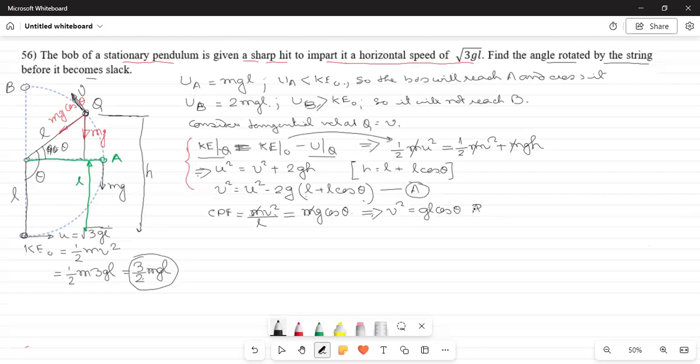We will always have these two equations in a pendulum problem. One is the centripetal force equation, another is the energy equation.